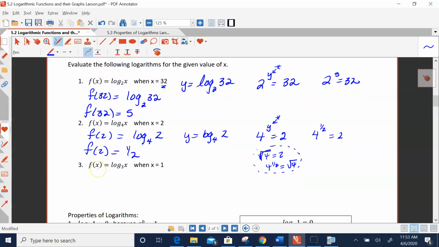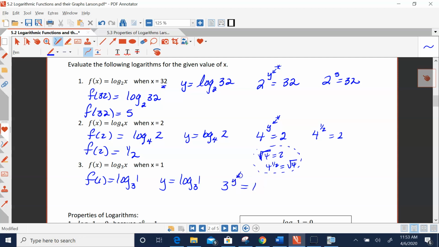Let's try number 3. I need to find f of 1, so it's basically log base 3 of 1. Well, if I write that as y equal log base 3 of 1, and I rearrange this in exponent form, I would have 3 to the y power equal to 1.